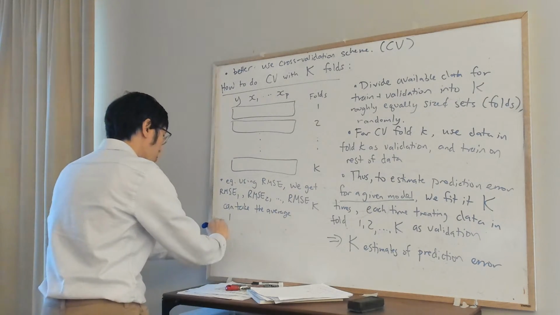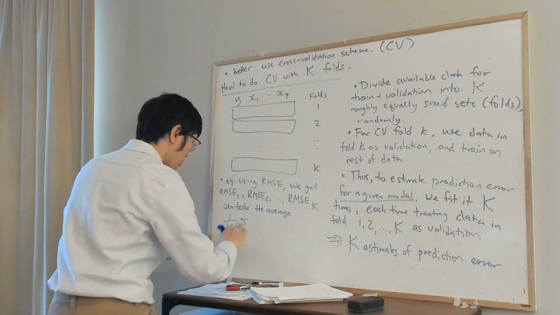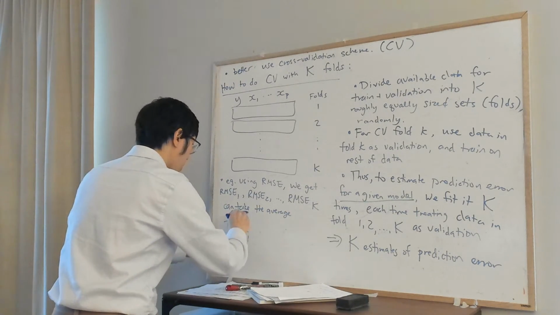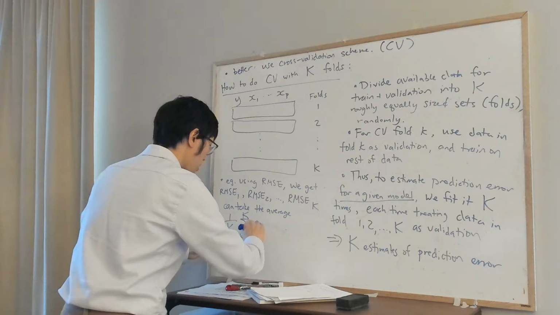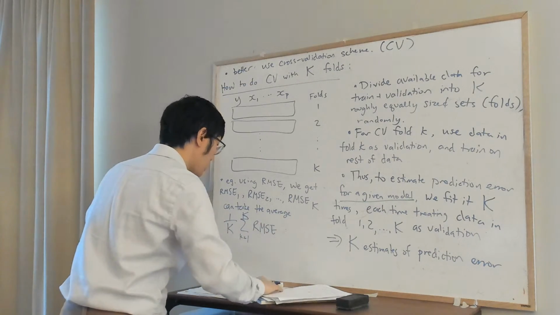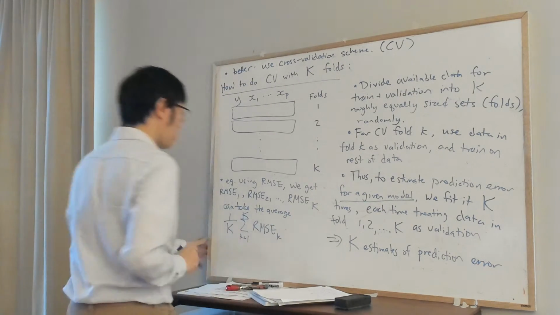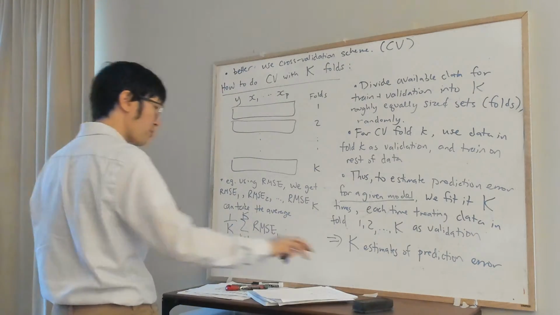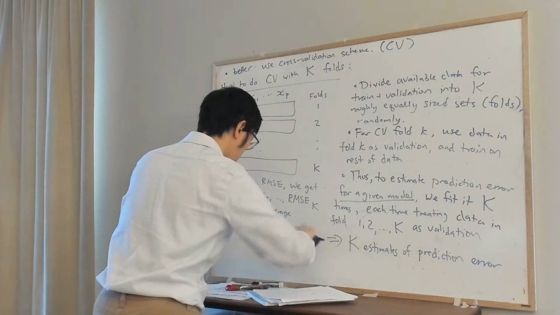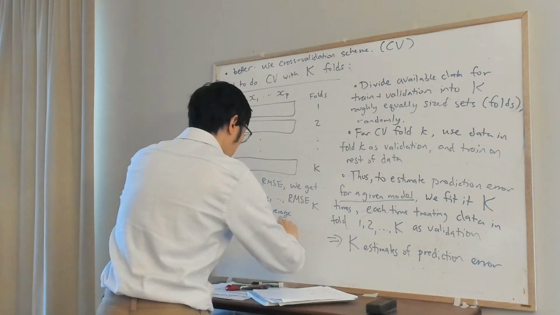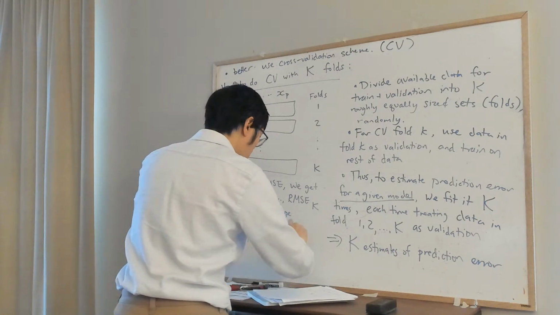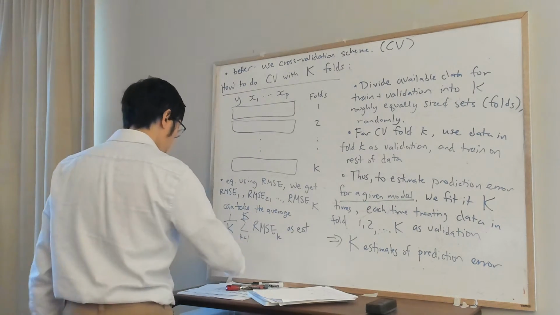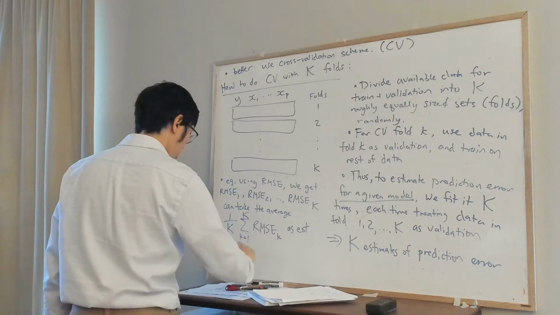So the average would be 1 over K times the sum over little k from 1 to cap K of these. So take the average, and that is our estimate of the root mean squared prediction error.